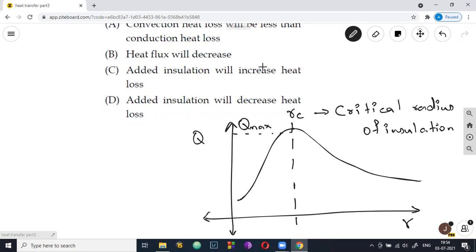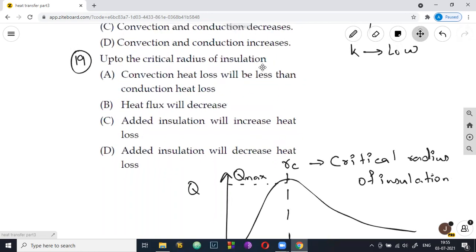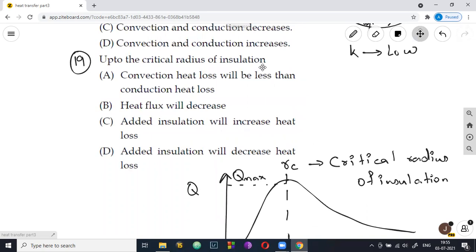So this is the behavior of insulation in which materials? Cylinder and sphere. For plain wall, the behavior is not like this. Plain wall, whenever you add insulator, heat transfer will decrease. Whereas for cylinder and sphere, sometimes adding the insulator increases the heat transfer rate. Based on it, I discussed in detail about two special scenarios known as maximization and minimization idea.